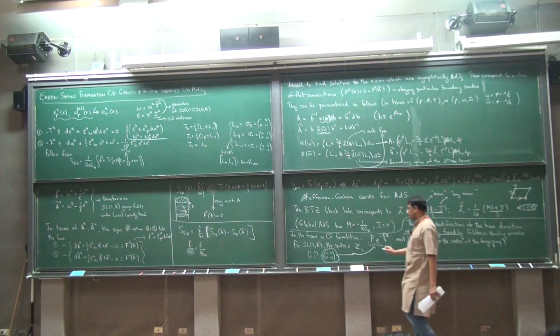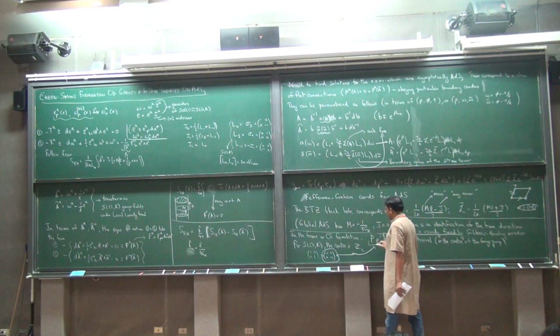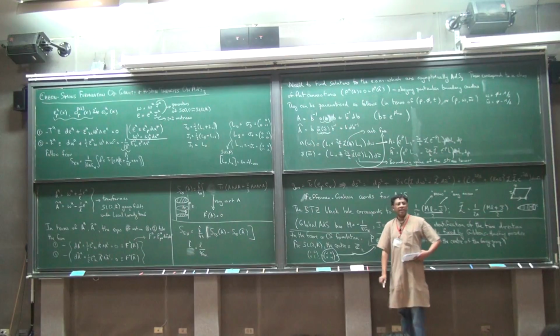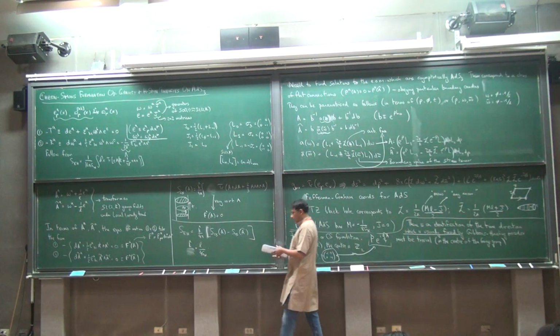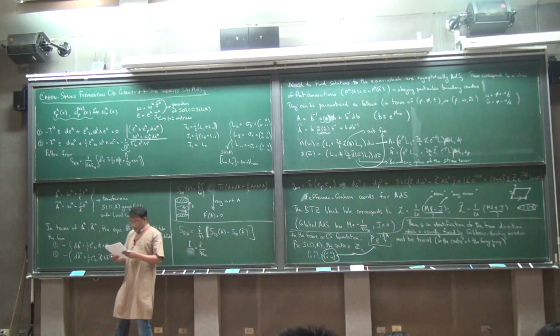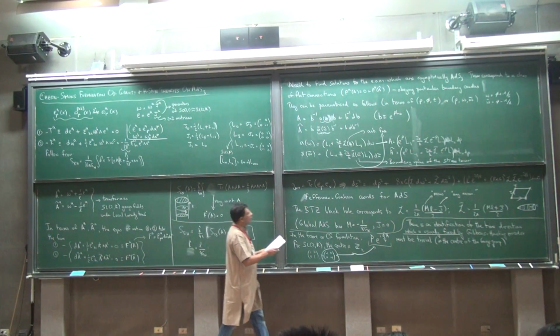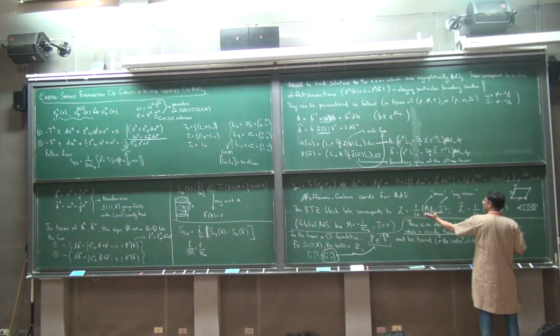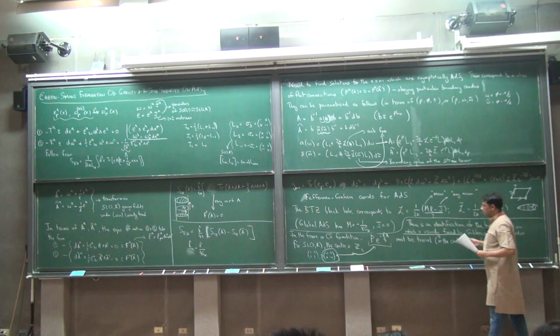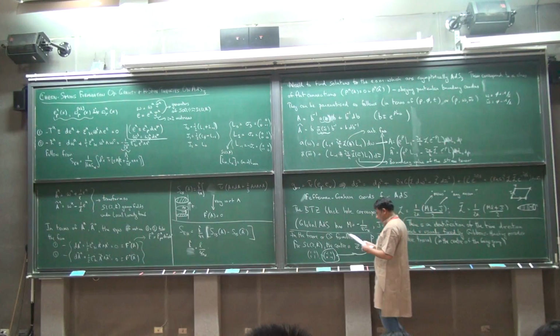So this is the criterion that this path-ordered exponent should have eigenvalues which are -1 and -1. And in fact, you can work that out for this connection for the BTZ black hole with L and L bar. You can see what the eigenvalues are.